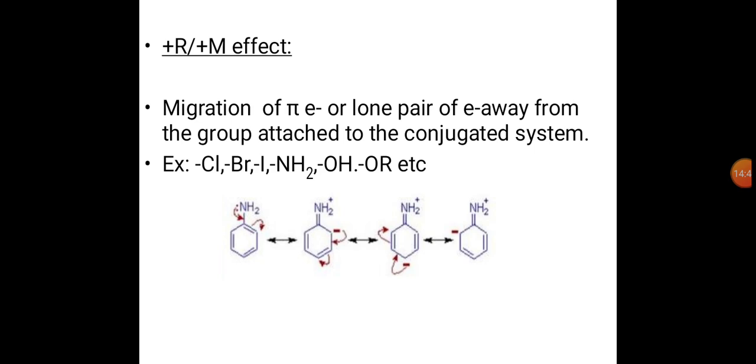Nitrogen has a lone pair of electrons. So this lone pair of electrons is moving into the benzene nucleus. So I repeat, the lone pair of electrons present on nitrogen is released towards the benzene nucleus, thus creating negative charges in the ortho and para positions.